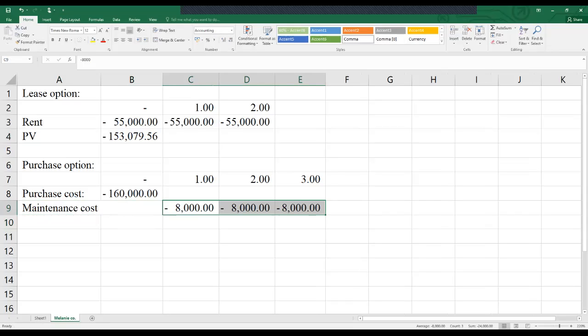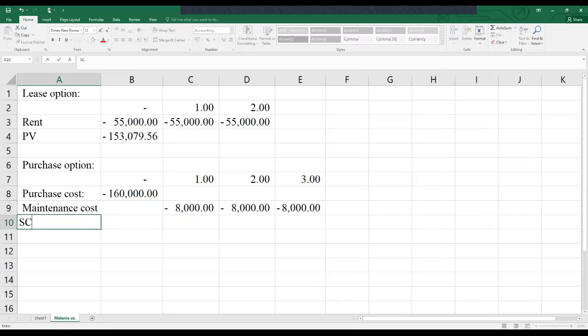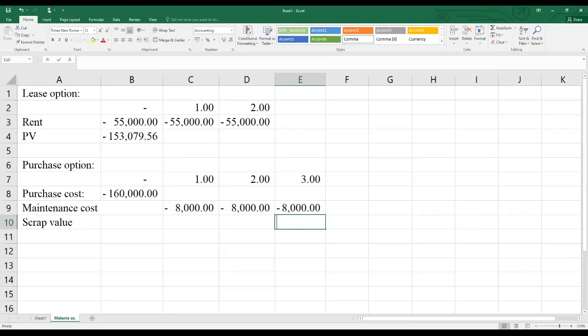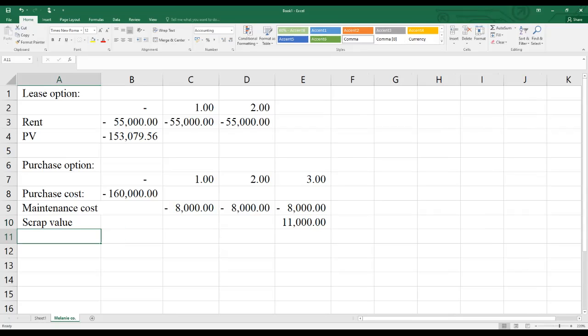And what else? The machine has a residual value at the end of life. So here, disposal value, scrap value, cash inflow in year 3, and there's a cash inflow of 11,000, and that is it.